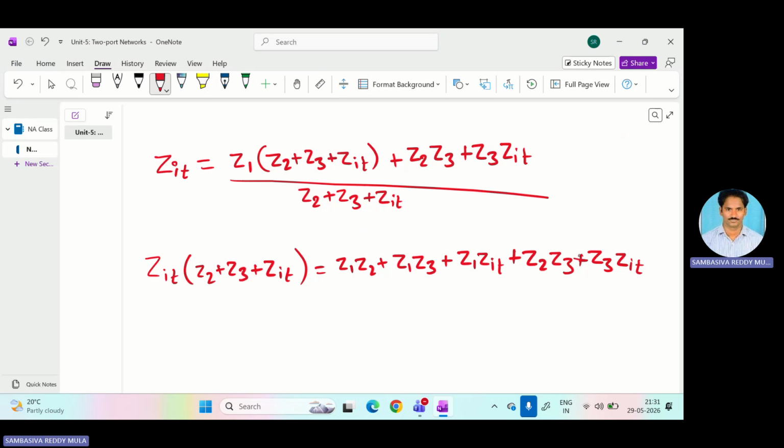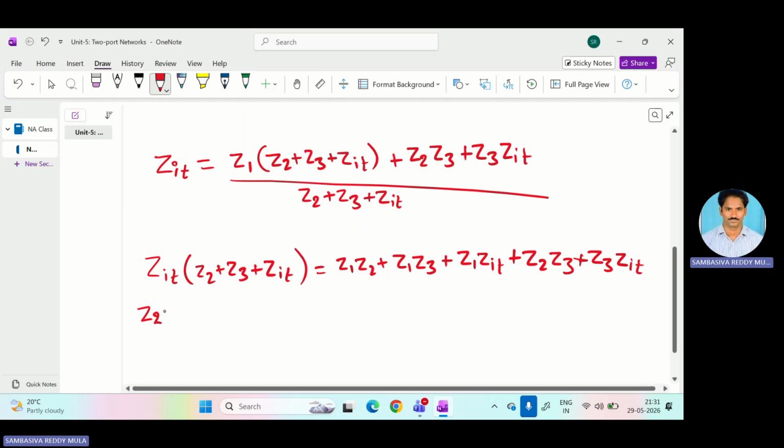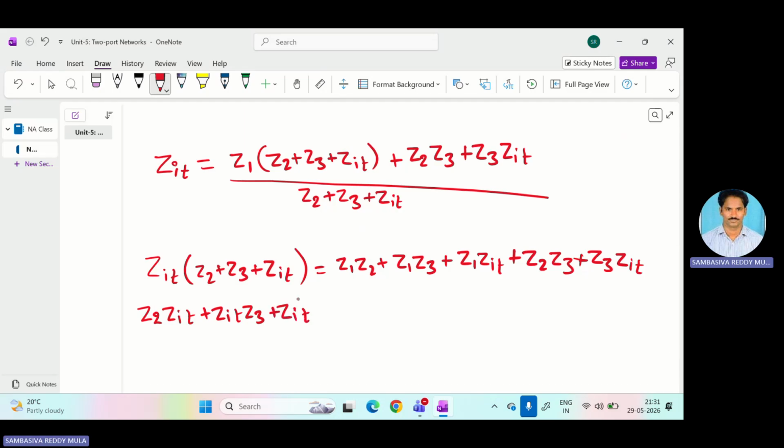We get this expression. Now if we expand this LHS, we'll get Z2 ZIT plus ZIT Z3 plus ZIT square.